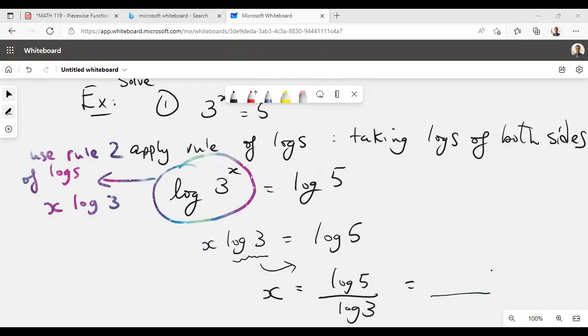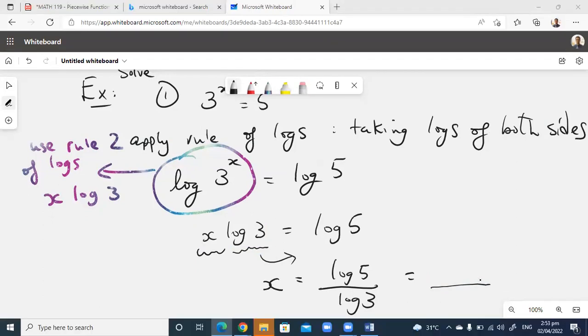So all I'm doing here is multiplying. What does x log 3 mean? It means I'm multiplying x by log 3. So if I want to solve for x, I make x the subject of the formula. Remember, there will be a multiply here. So if I take log 3 to the opposite side, instead of multiply by log 3, I'll now have to divide by log 3.